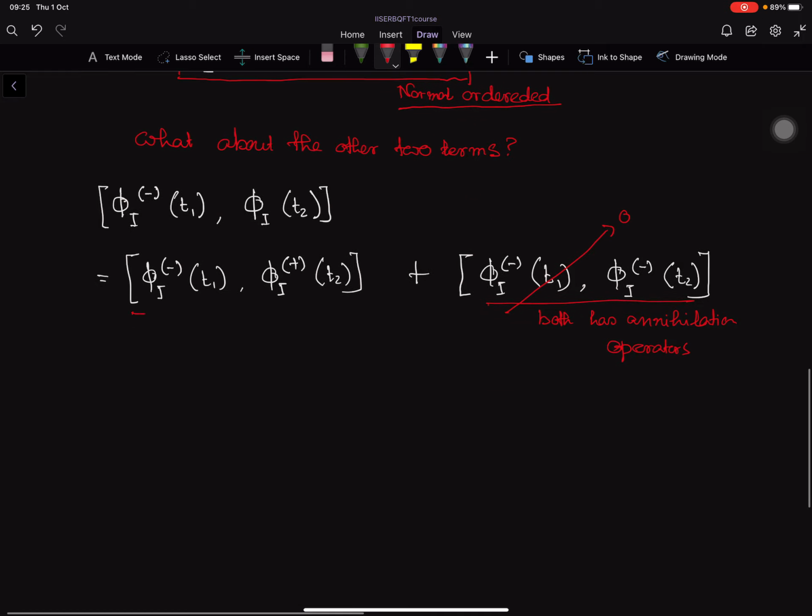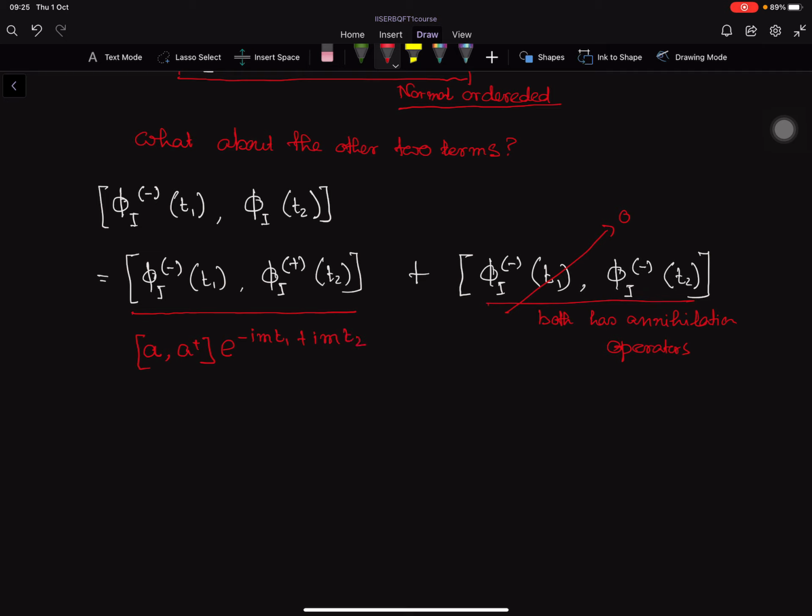What about this term? This term is simply the commutator of A with A dagger, times exponential of minus i m t1 plus i m t2.